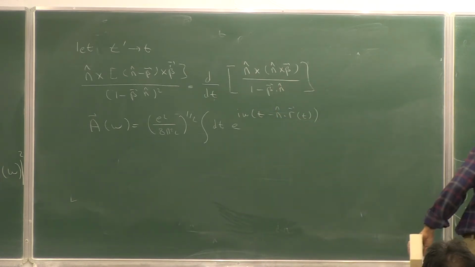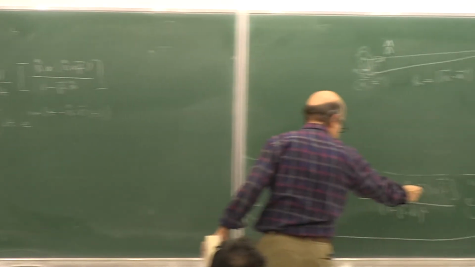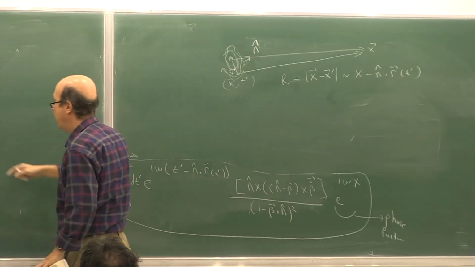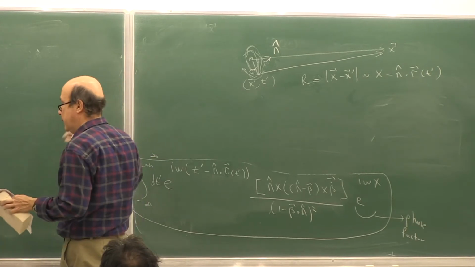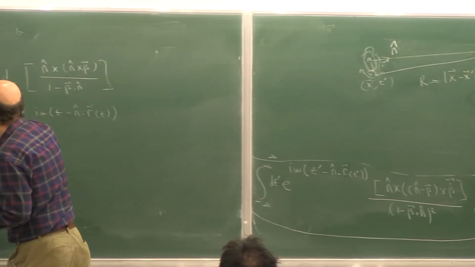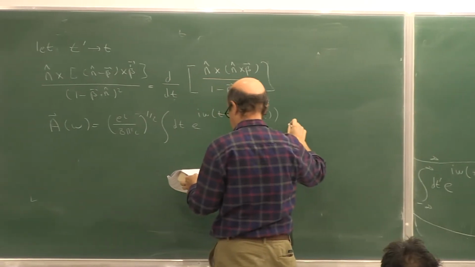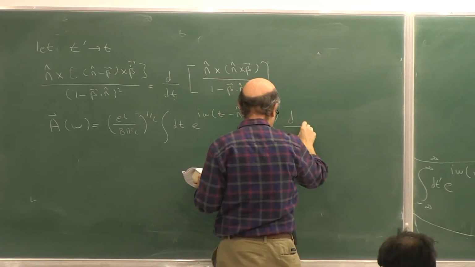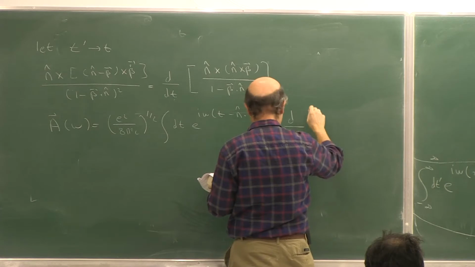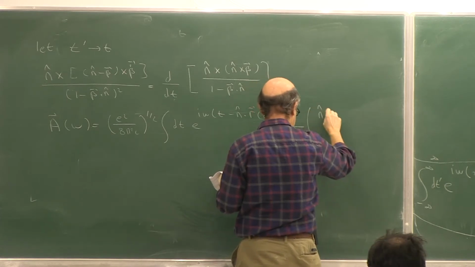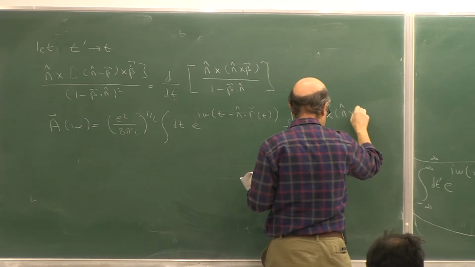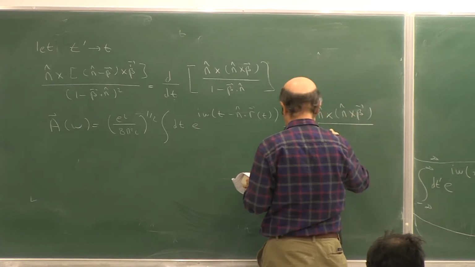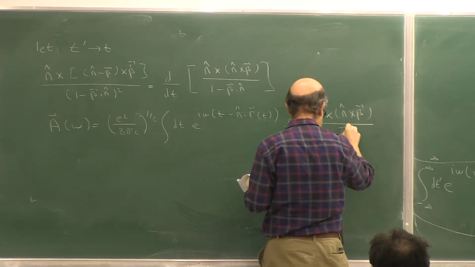Instead of all this bunch of n cross n minus beta cross beta dot over 1 minus beta dot n squared, you can write this as d over dt of n cross beta over 1 minus beta dot n.